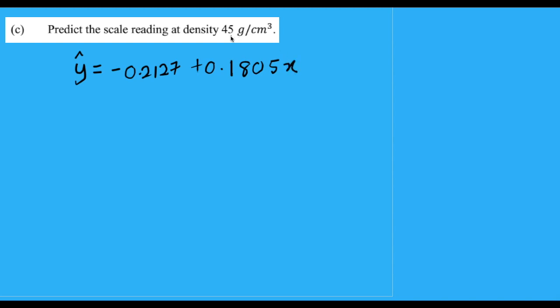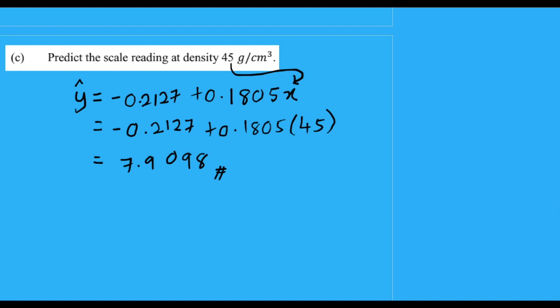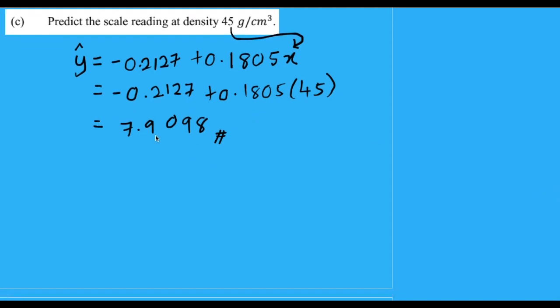And so when the value of x is 45, the value of y would be 7.9098. So the value of the scale reading is 7.9098 when the density is 45 gram over centimeter cube.